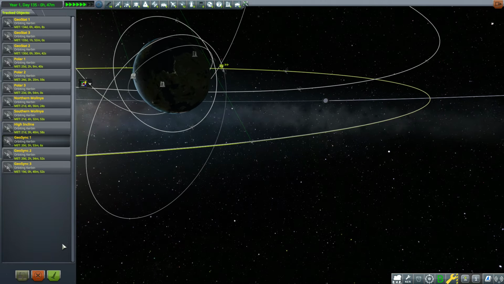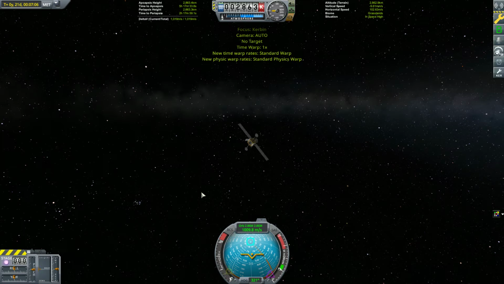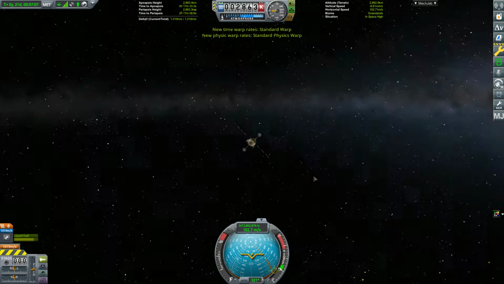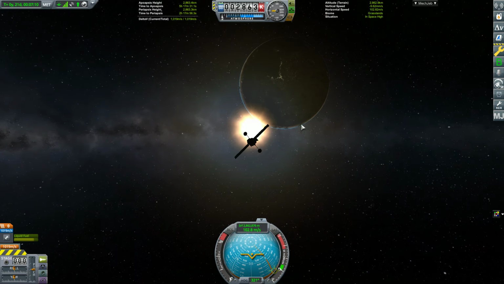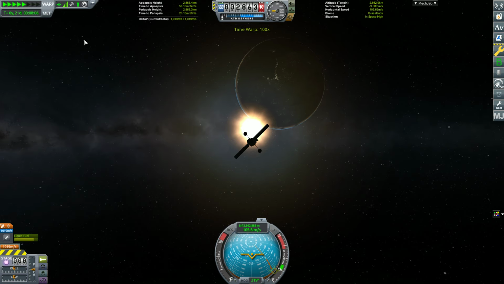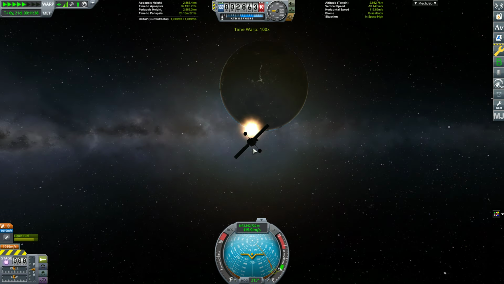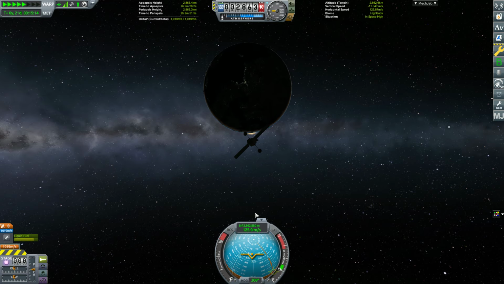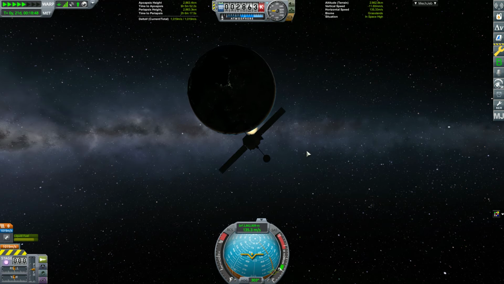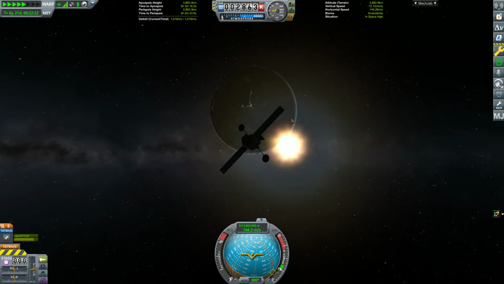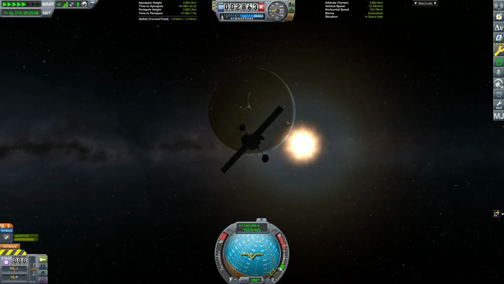I'm going to switch to the actual craft here. The surface velocity, I should say, won't be zero. Geosynchronous will never have a surface velocity of 0 unless it is geostationary. And that's, again, a very, very specific type.